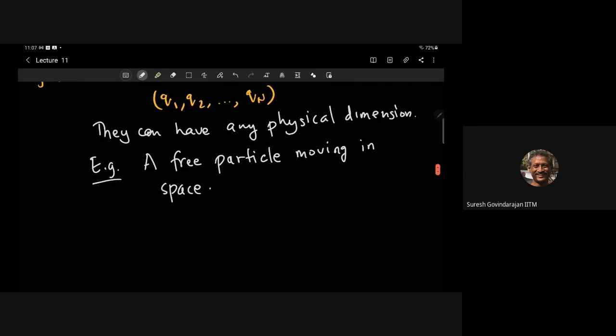In Newtonian mechanics, we will choose three coordinates x, y, and z. Here the physical dimension of x, y, and z is what? Dimensions of length.